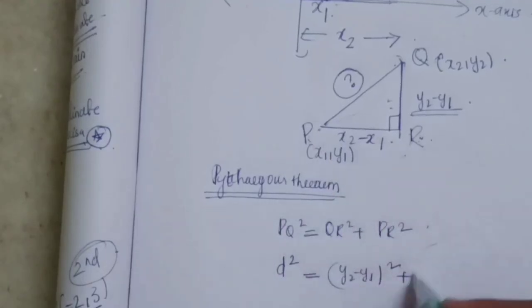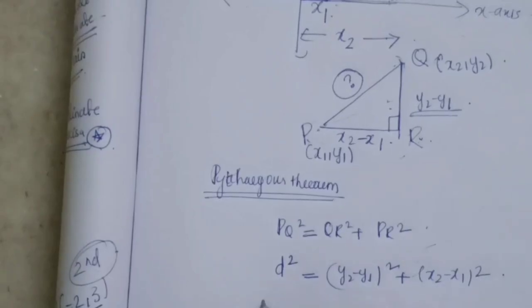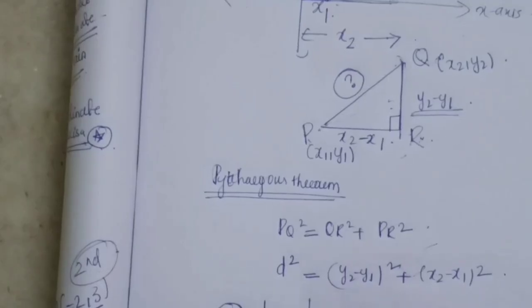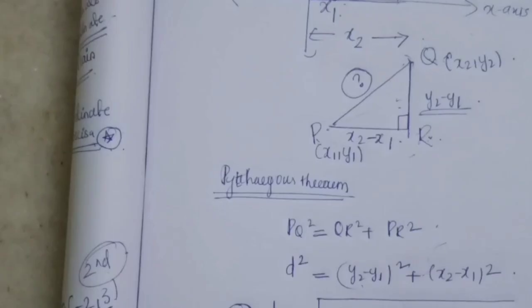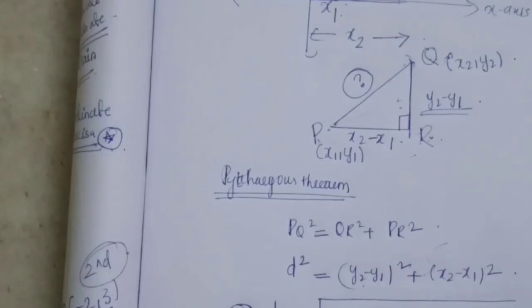What is PR square, which is x2 minus x1 whole square. So now the distance between the 2 points, the famous formula called the distance formula, D is equals to under root x2 minus x1 whole square plus y2 minus y1 whole square.